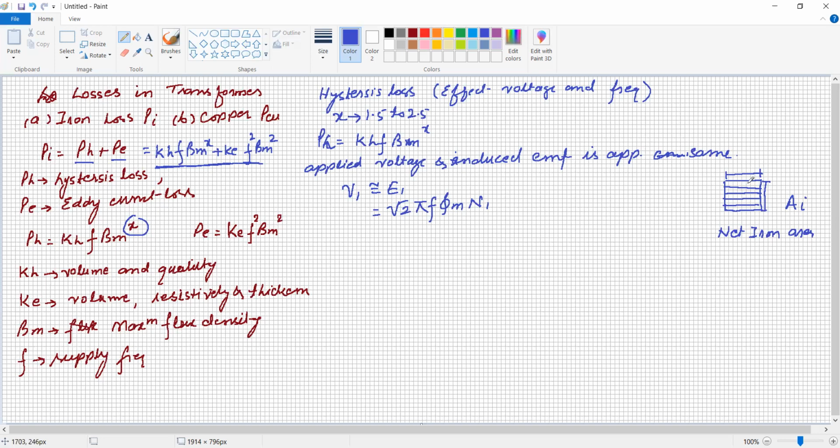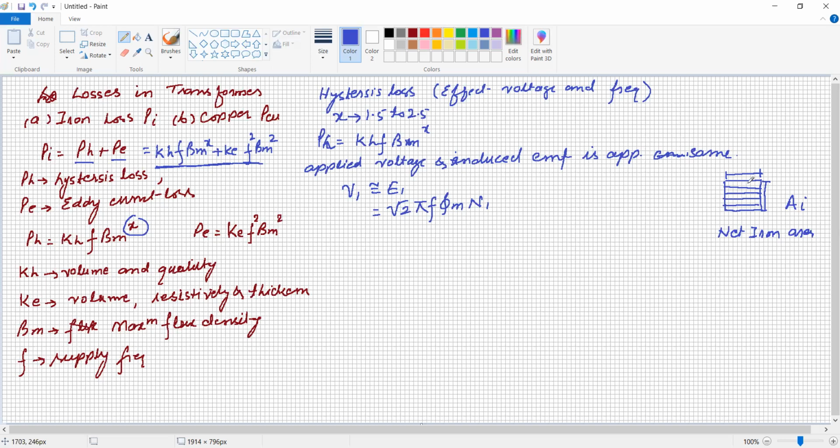But because of the laminated core, there is some insulating layer between each stamping. So the net iron area is slightly smaller than the gross cross-sectional area, and the ratio of net iron area divided by gross iron area is called the stacking factor.